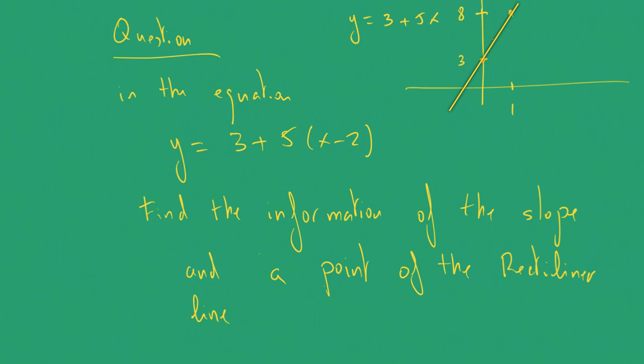I will take, for example, this point, and I will move the point 1 and 2, so I'm now at the 2, and I will draw a parallel line to this line.